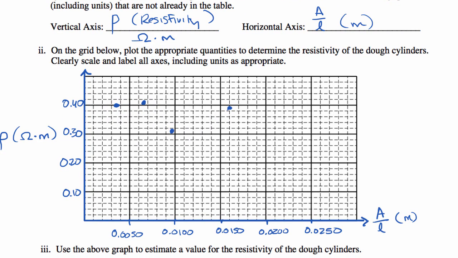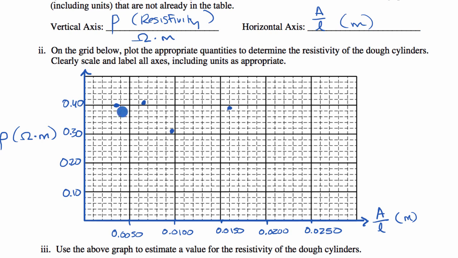And then they say, use the above graph to estimate a value for the resistivity of the dough cylinders. Well, as we said, the resistivity should be constant. It shouldn't depend on our area divided by our length. And so if we want to fit a horizontal line to this that gets as close as possible, ideally we would have a computer, but we're going to do it by hand. We have 3 of these points that are pretty close to 40 hundredths, but then we have this one down here.